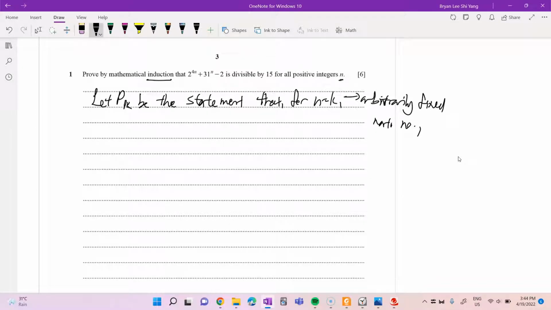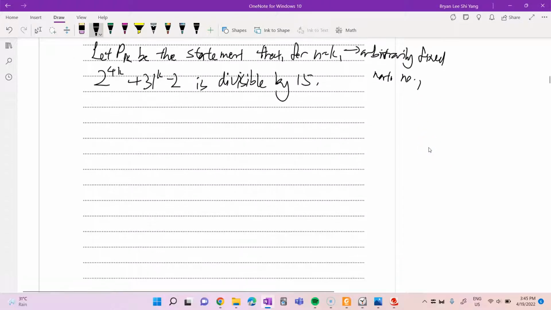So for n equals k, this thing would hold true: 2 to the 4k power plus 31k minus 2 is divisible by 15.